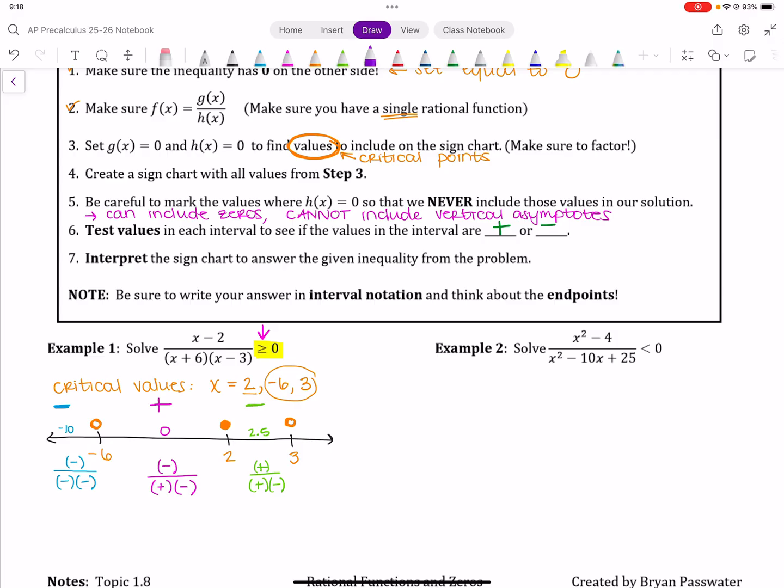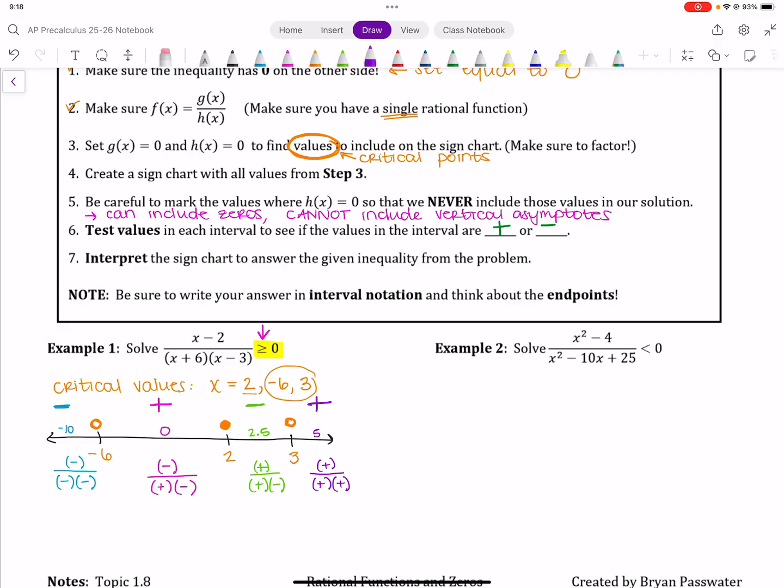And then lastly, we have 3 to infinity, so we can check 4, 5, or positive 10. We'll look at 5. So 5 minus 2 is going to be a positive number. 5 plus 6 is positive. 5 minus 3 is positive, and all positive means we're going to be positive.